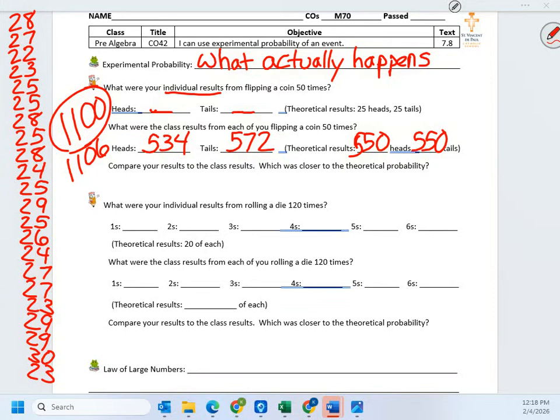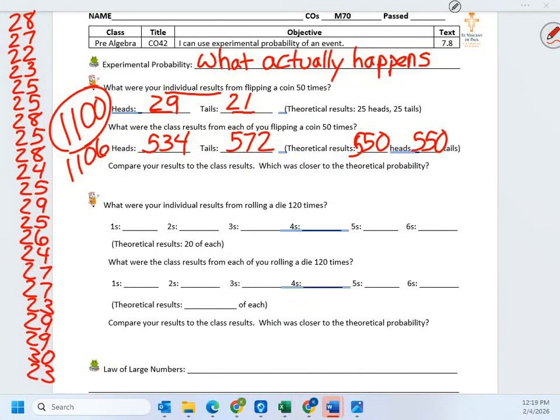What's closer, individual or class? So if you individually had 29 heads and 21 tails, thinking about probability-wise, what's closer? How do we figure that out?